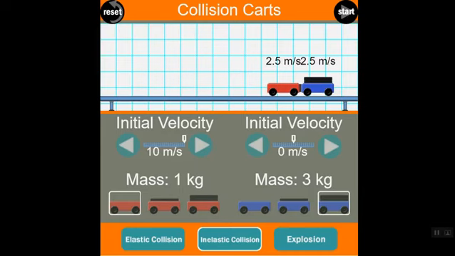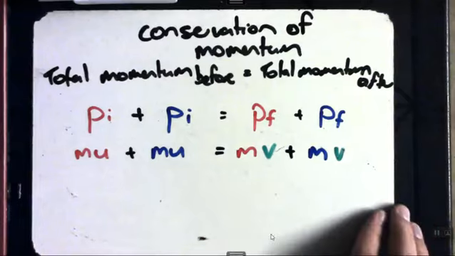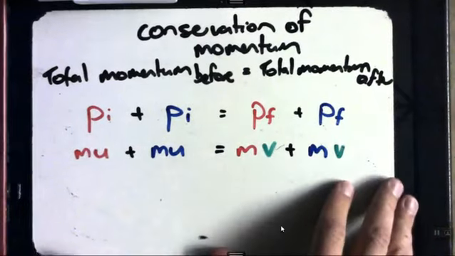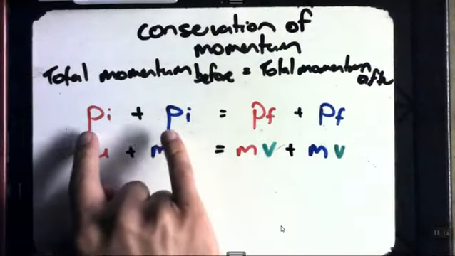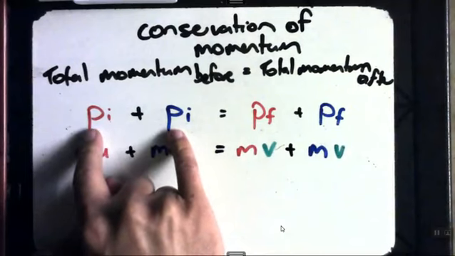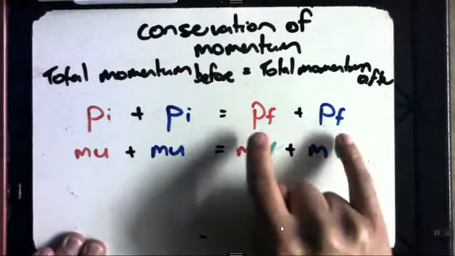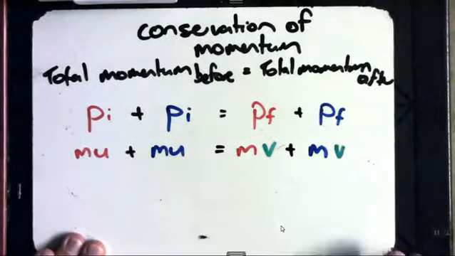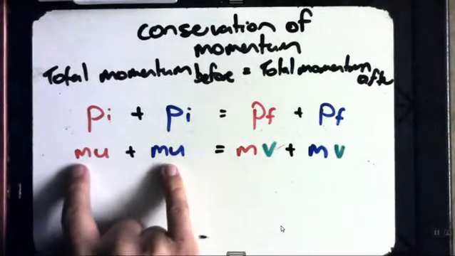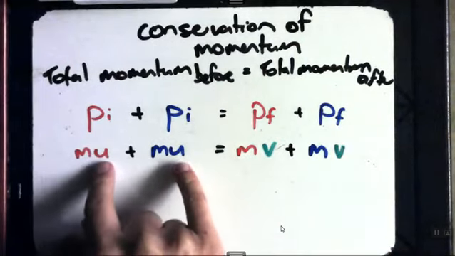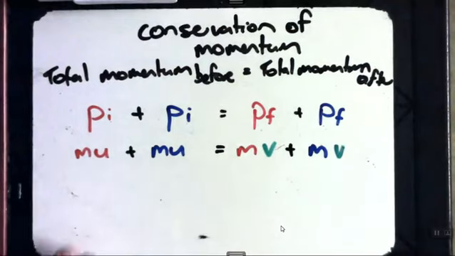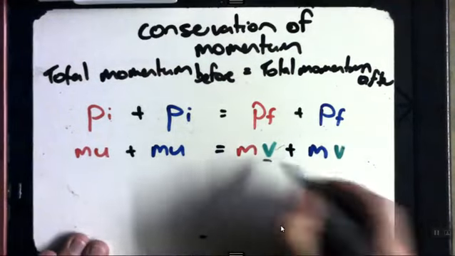Okay, so now we take the same formula: total momentum initially, the sum of the momentum before, must be equal to the sum of the momentum after. We have the masses and the initial velocities here, and you will notice I color-coded this.